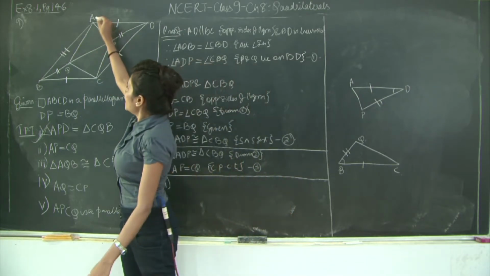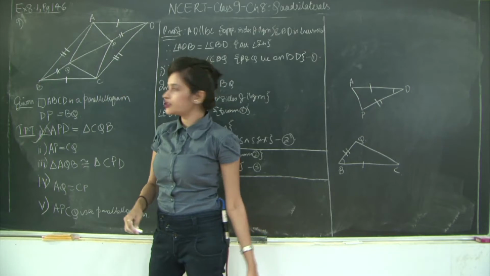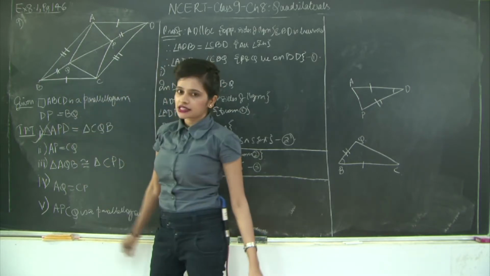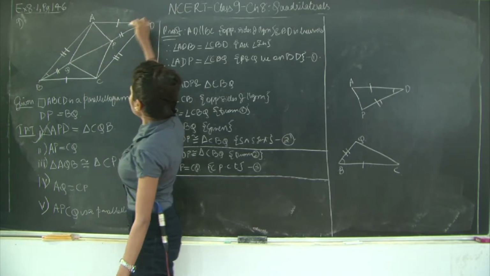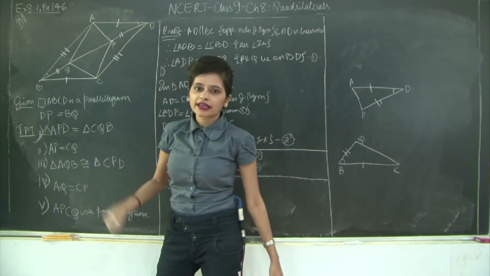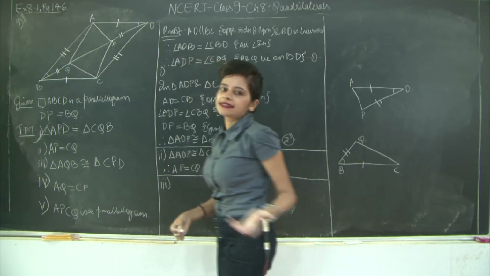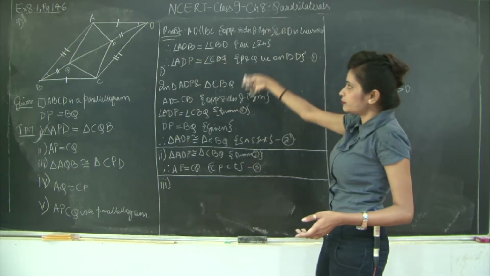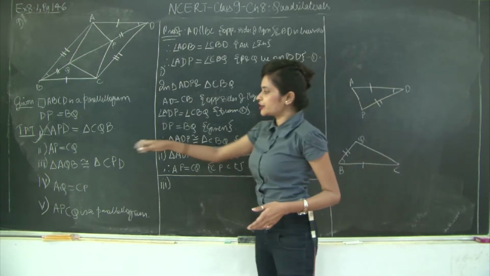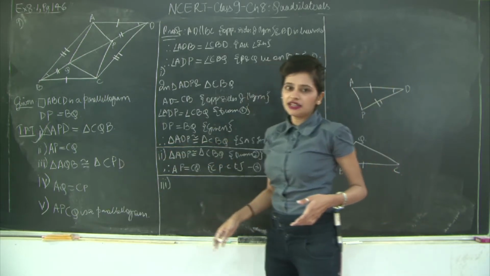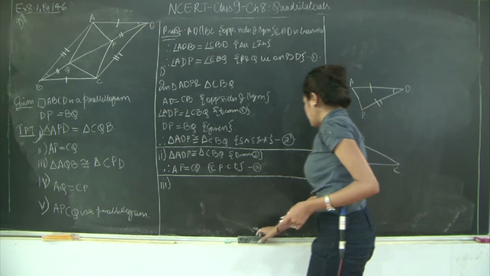Also you have AB and CD parallel to each other, and BD is the transversal. Therefore this angle out here is equal to this angle out here. Therefore the two triangles are congruent to each other, again by the SAS test of congruence. So just like you have proved these two triangles congruent, ADP and CBQ, you can prove AQB and CPD congruent to each other. So let's go ahead and prove this.